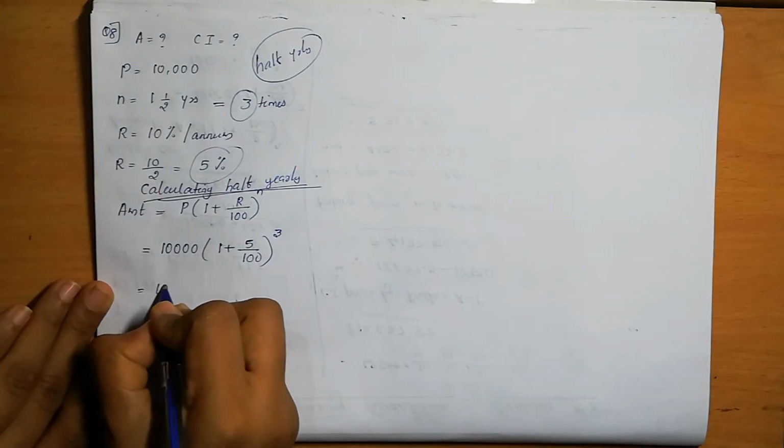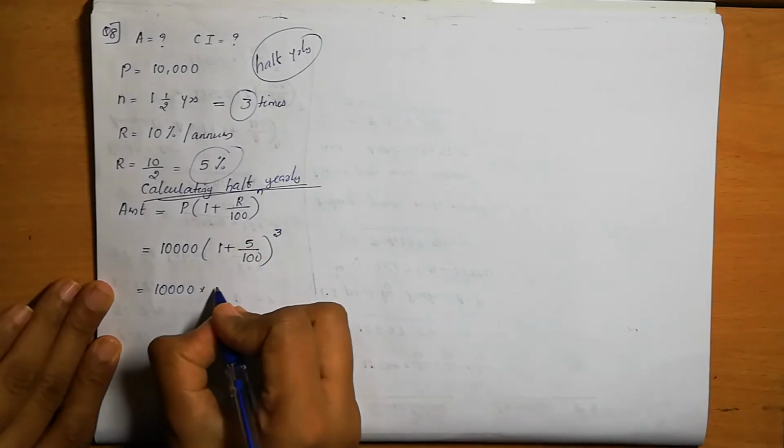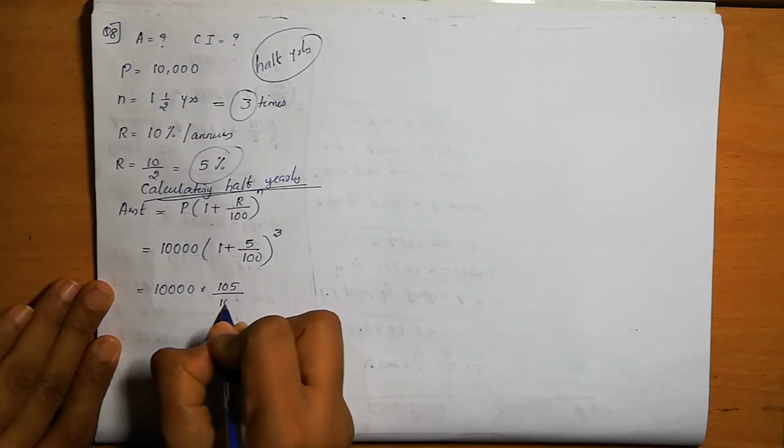So that is equal to 10,000 into 100 plus 5 is 105 by 100, 3 times.